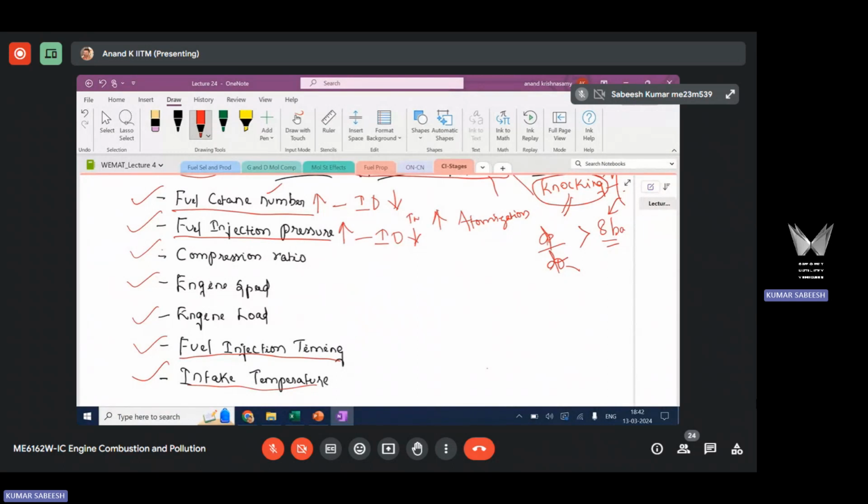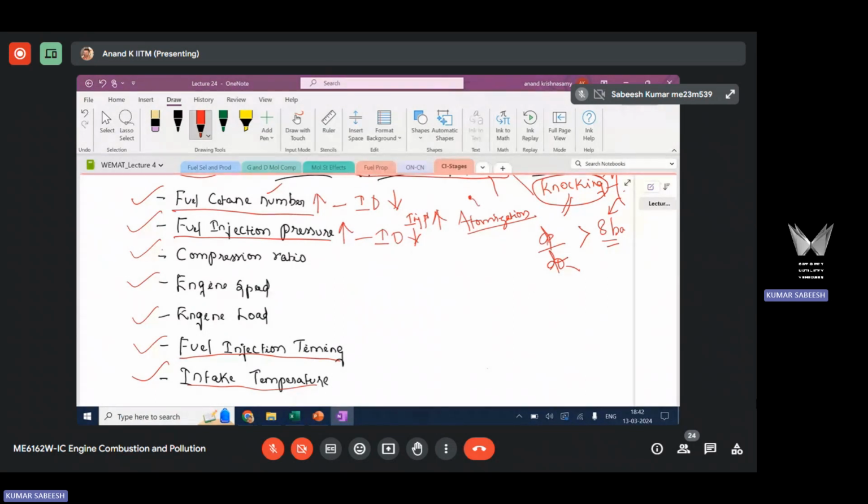When you are injecting at higher pressure, the rate of atomization, in simple words, is about how small the drop size is. When I say finer or better atomization, I mean that I have very fine, small drops. If you have a very small fuel drop, then vaporization will be quick.